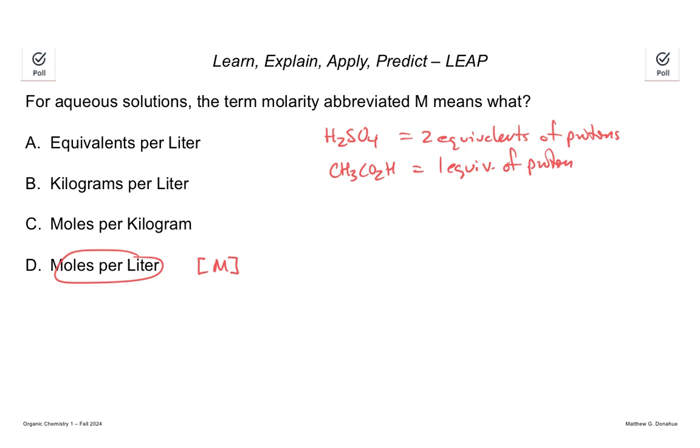So that's kind of what equivalence means. Again, that's also used in titration terminology when you reach the equivalence point. And we'll see that in the next couple slides when we talk really qualitatively about the pH scale, whether something's acidic, neutral, or basic.